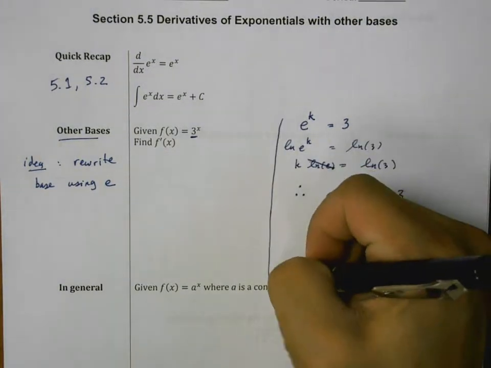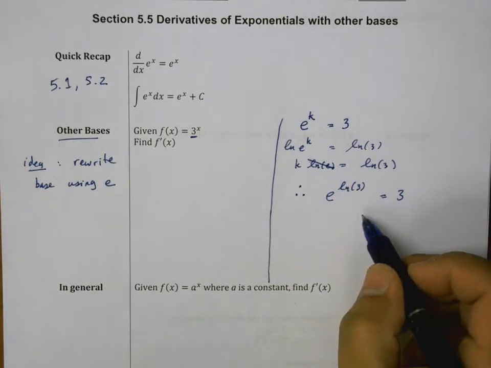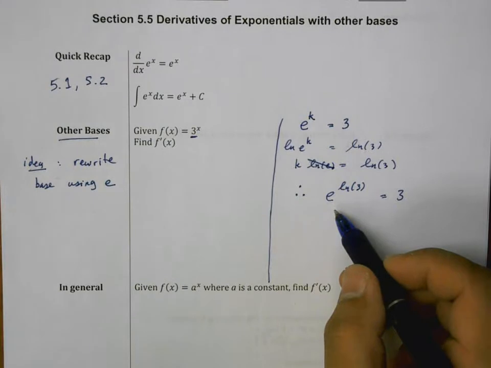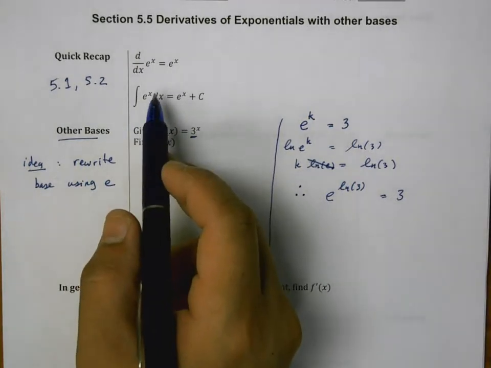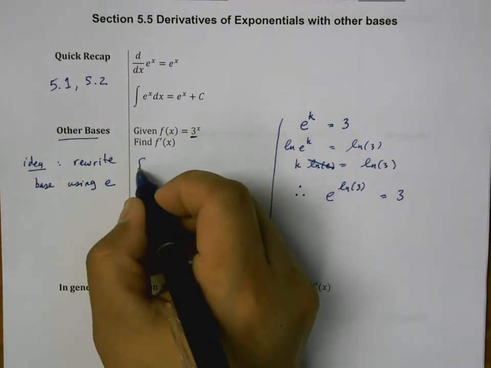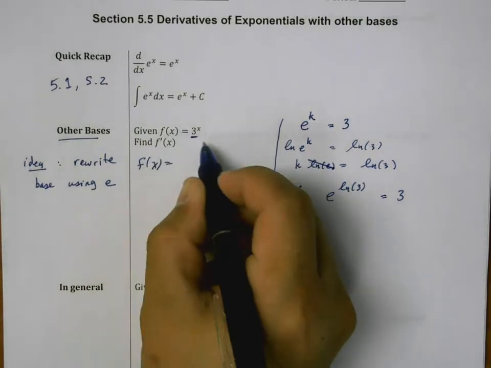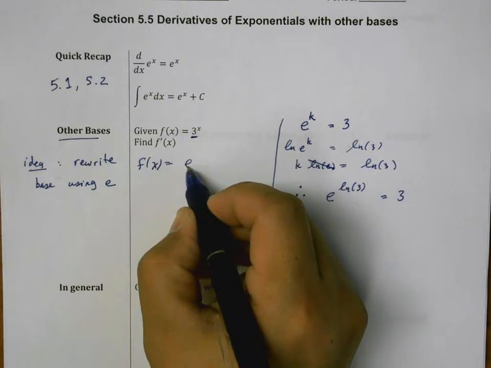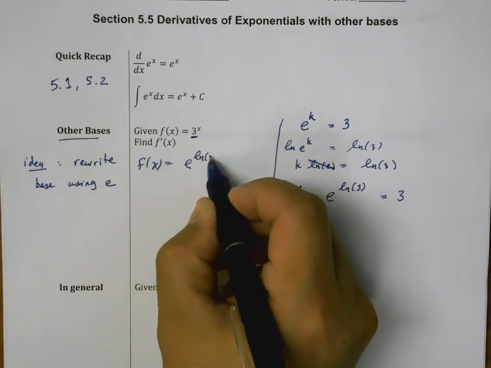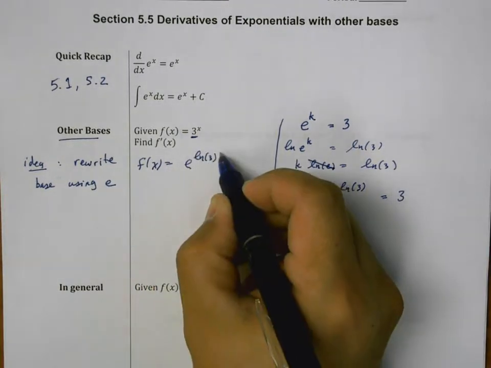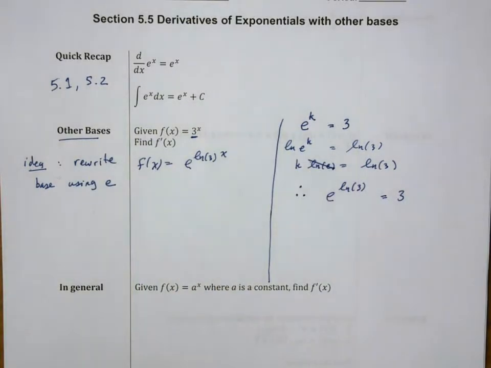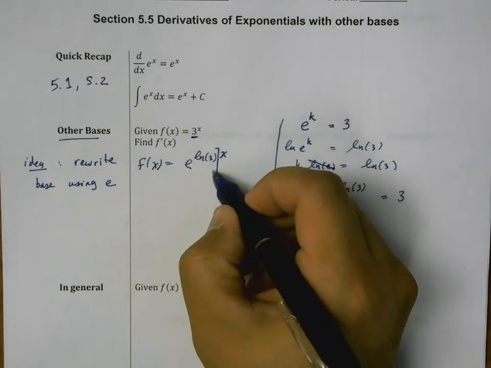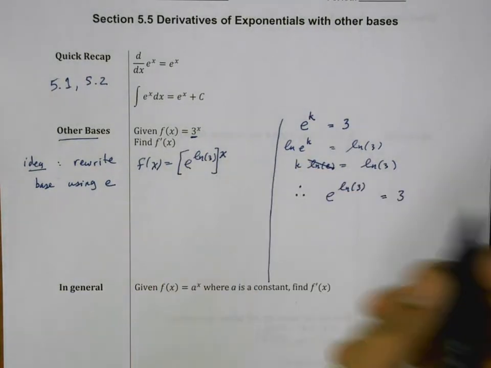And e is, again, kind of a magical number, because once we get something into base e, we are able to take the derivative quite easily. So let's rewrite this now. f of x, instead of 3 to the x, is going to be e to the natural log of 3, to the x.